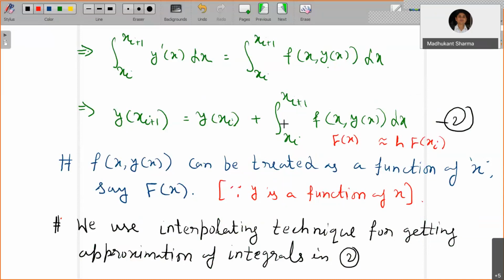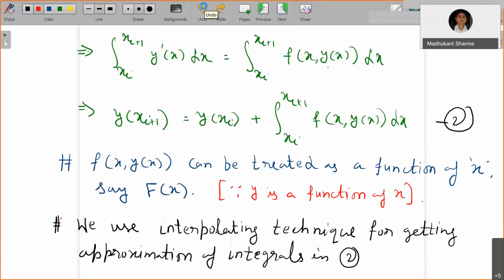So the approximation of this integral can be replaced by h times f of xi. What is f of xi? It is small f at xi comma y at xi. And now if you look at the formula shape, it is nothing but Euler's method that you will get.